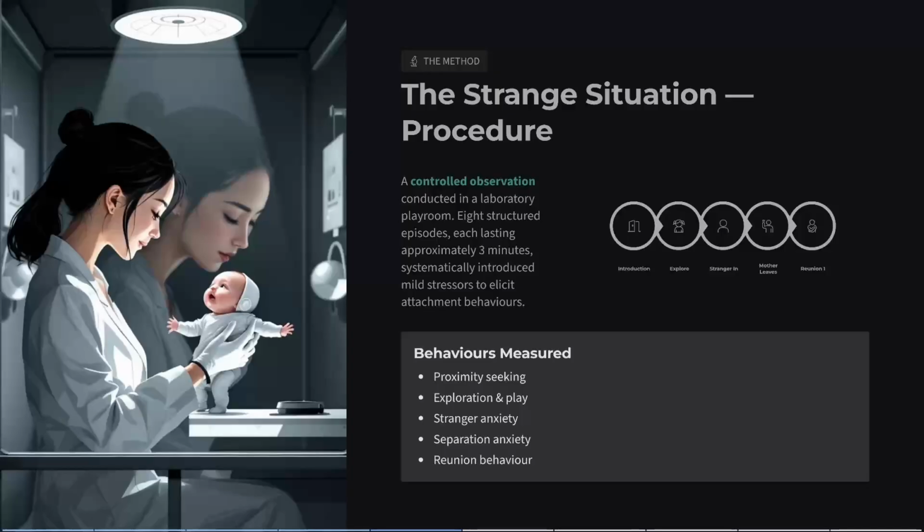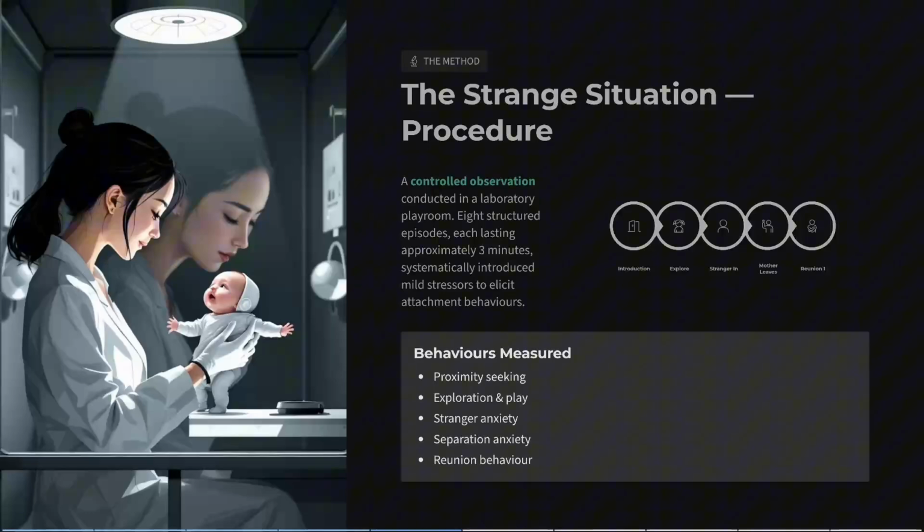Now, throughout all 8 episodes, trained observers behind the one-way mirror record 5 specific behaviours that are listed here. Proximity seeking. How much does the infant try to get close to the caregiver? Exploration and play. How freely does the infant explore, and does this change across the episodes? Stranger anxiety. How does the infant respond to the unfamiliar adult? Separation anxiety.